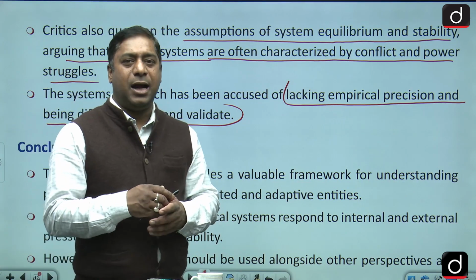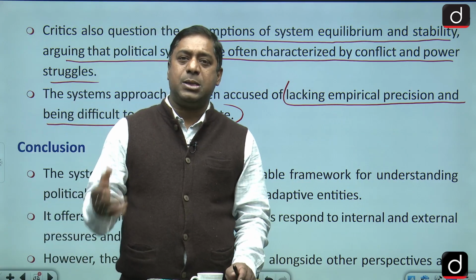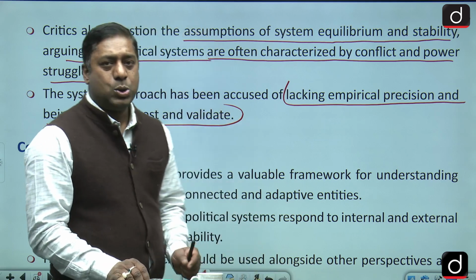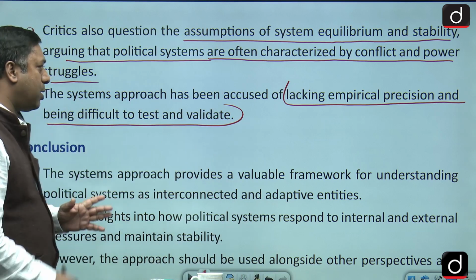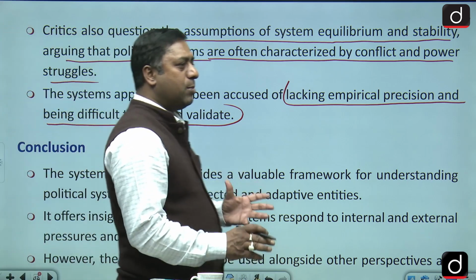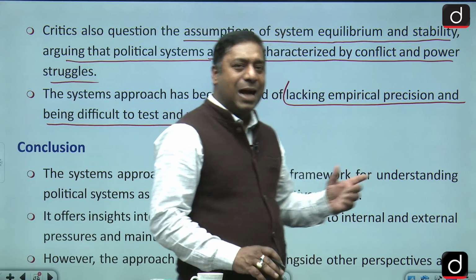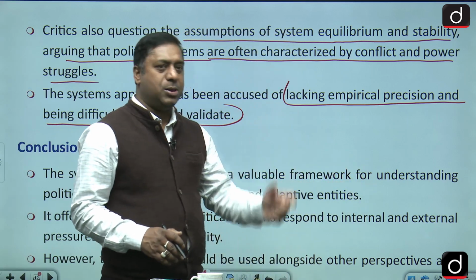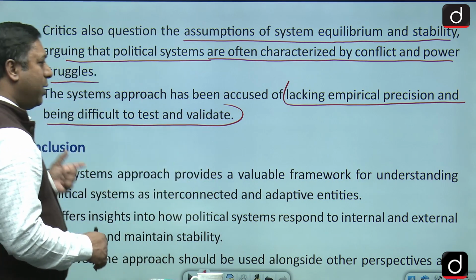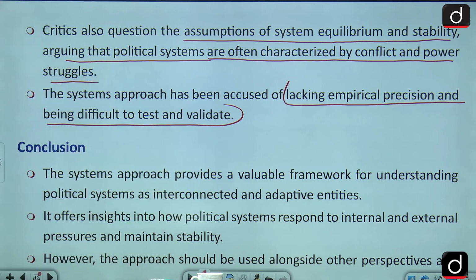And they have said that the political system is characterized by conflict and power struggle. So how can this system equilibrium and stability take place? And the last one is that this approach talks about scientific method, but it lacks empirical precision, and that too, it's very difficult to test and validate.